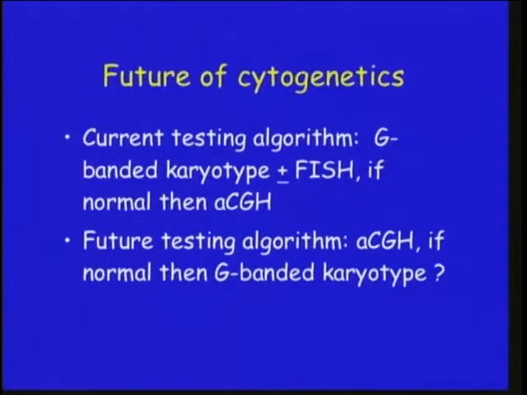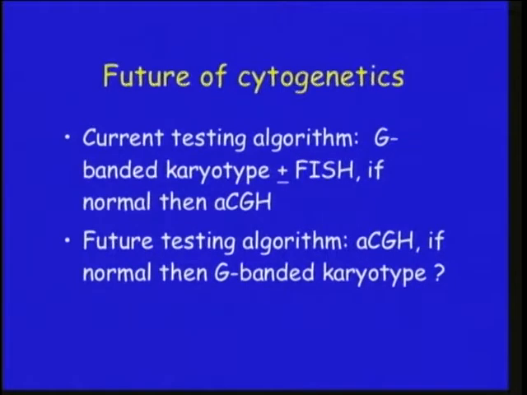So what happens right now usually, and I'm talking about constitutional chromosome studies, is that patients will usually have G-banded karyotypes, and they may have one or two targeted FISH studies, and then if they're normal, they may have an Array CGH test ordered. But there are some people who predict that this testing algorithm is going to be flipped in the future.